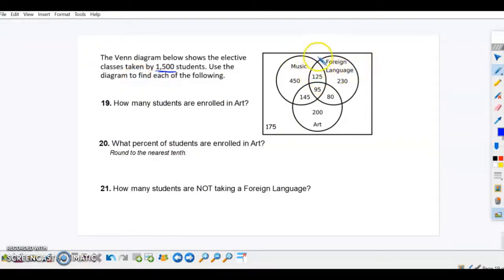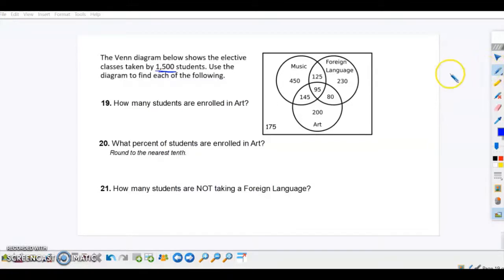So remember, where the circles overlap would mean that there were people in both of those. For example, this 125 were in music and a foreign language. These 80 were in art and a foreign language. And the ones in the very middle would be in all 3 classes. We also have some out here who aren't taking any of them.